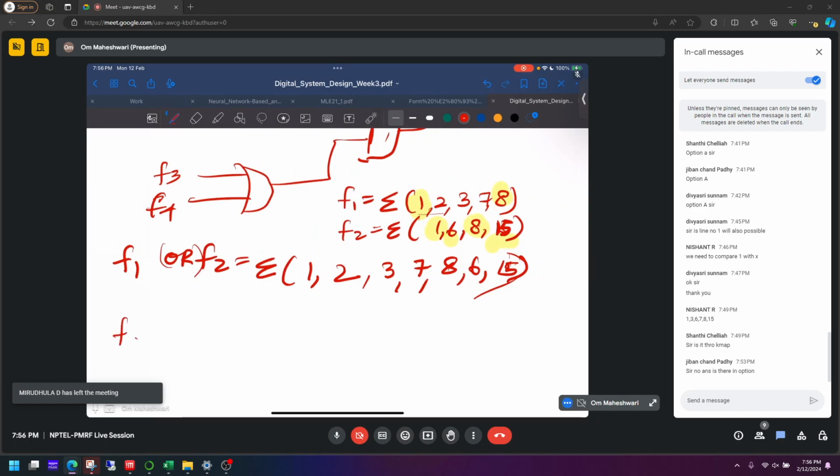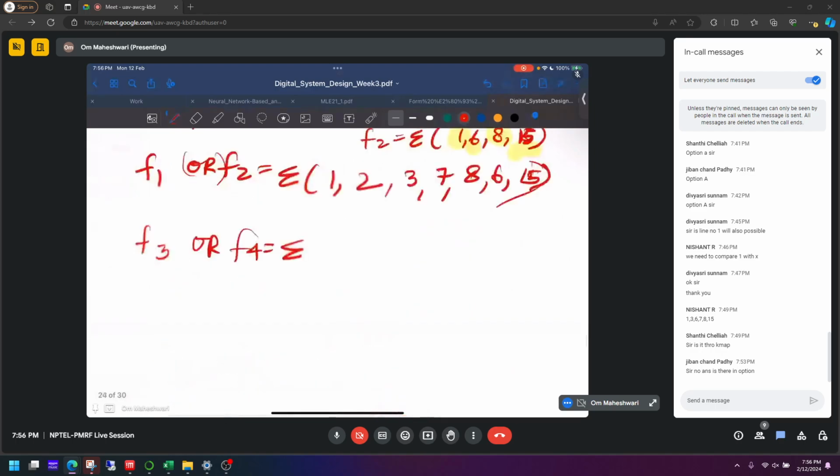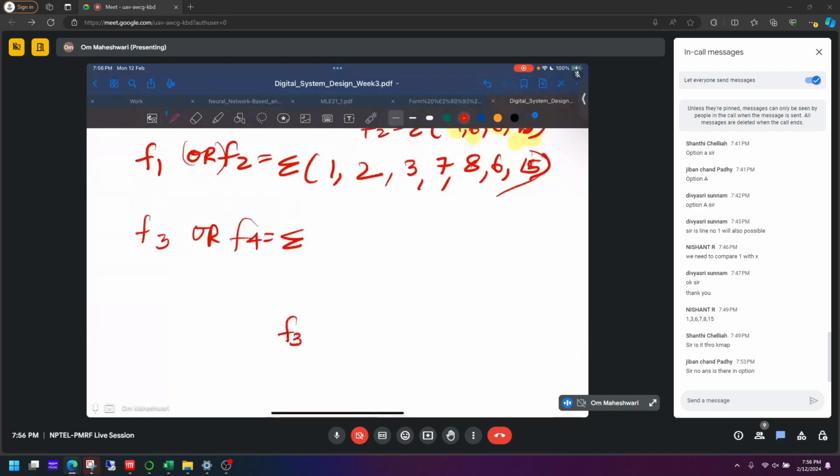Similarly F3 or F4. So what is F3 and F4? F3 is 1 6 7 8 9 15.